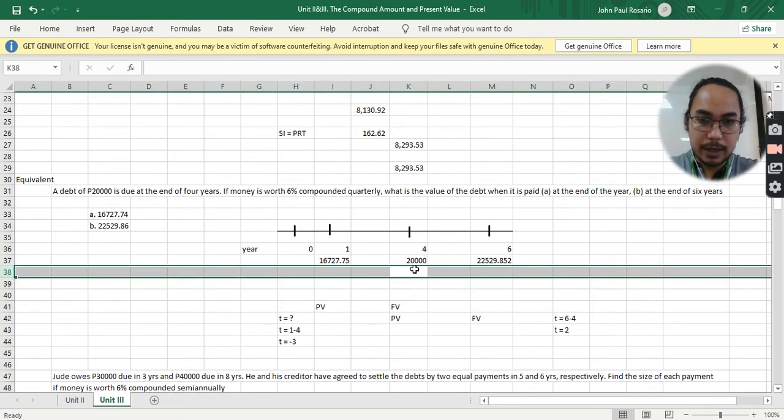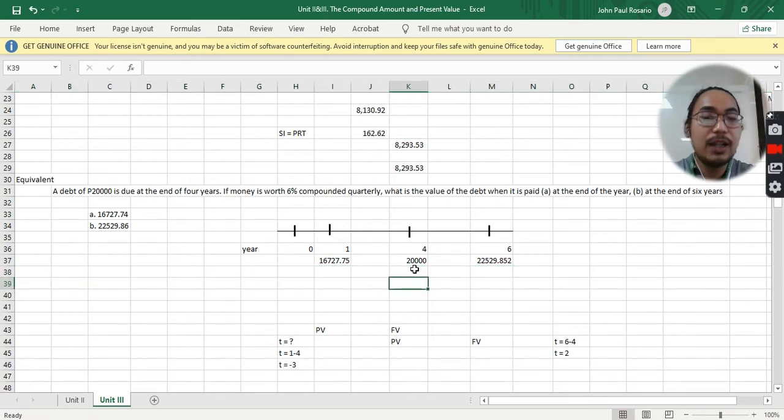For example, here, we know for a fact that the value of the debt 4 years from now is 20,000. But we do not know how much it is worth 1 year from now. So this is your unknown, and your unknown is on the left side. So PV is unknown, FV is given.